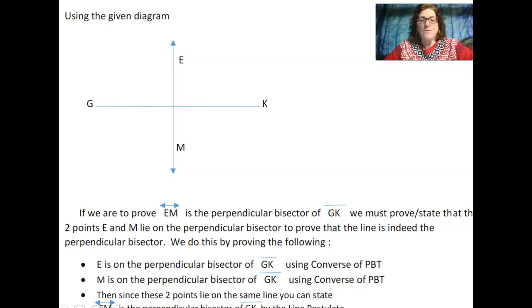So we would have to prove that EG is equal to EK. And then we would also have to prove that MG is equal to MK using the converse. If we have met both of those, then we can say line EM is the perpendicular bisector by the line postulate. And again, check your handout that I sent you on Google Classroom with respect to this.